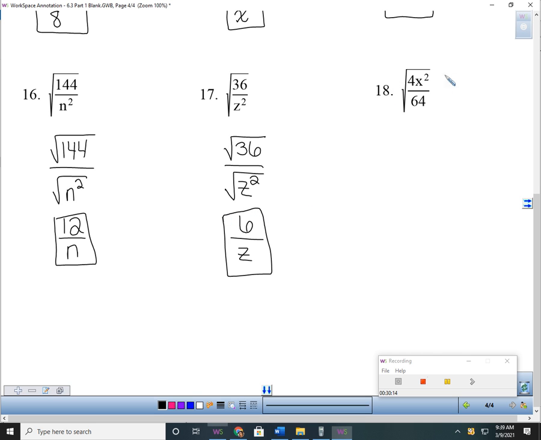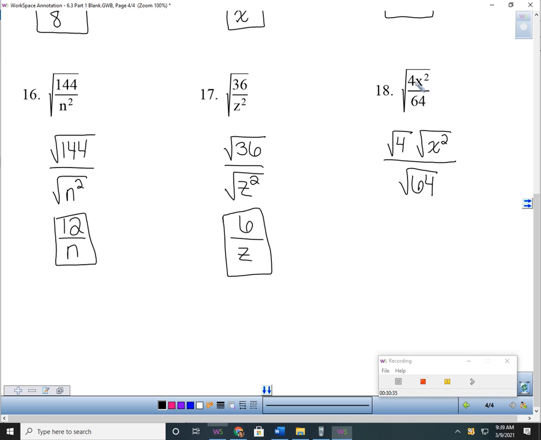Now 18 is just a little bit different because you have two things on top, two terms in your product. So you need to actually make sure that you square root the 4 and you square root the x squared. And if you need to simplify those, then you can. And then you have the square root of 64 on the bottom. Now, I do want to point this out.